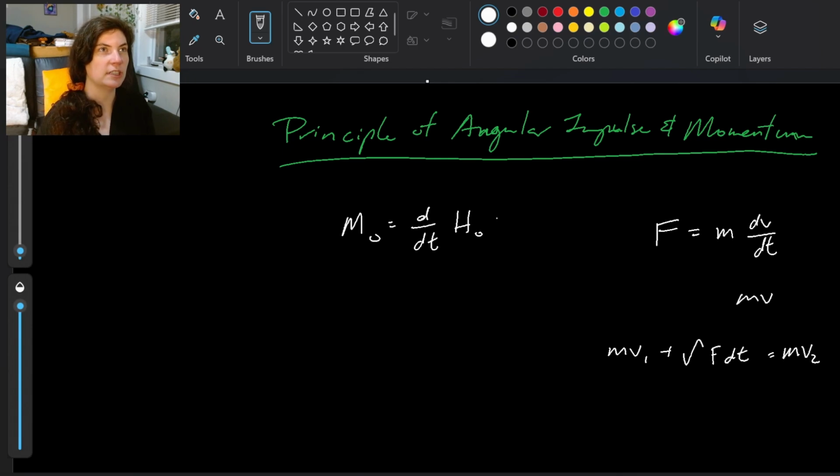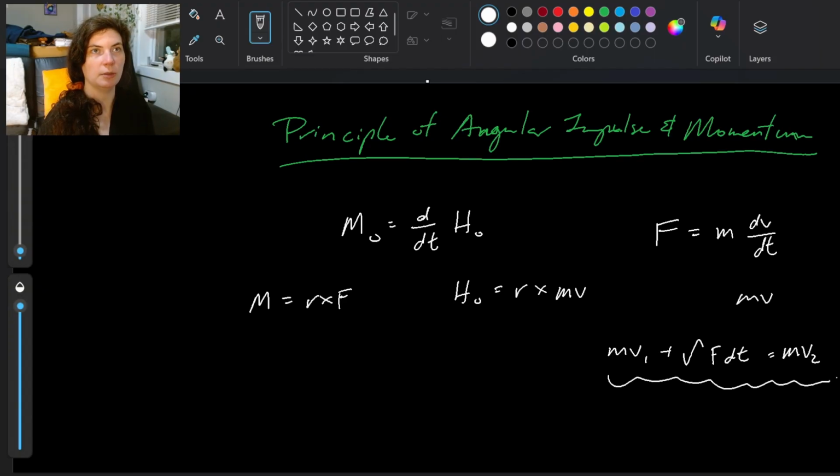So by this logic, since we know that our moment is related to force by r cross f, and our angular momentum is related to linear momentum by r cross mv, we can create this relationship with our moments and angular momentum, and this gives us our principle of angular impulse and momentum.